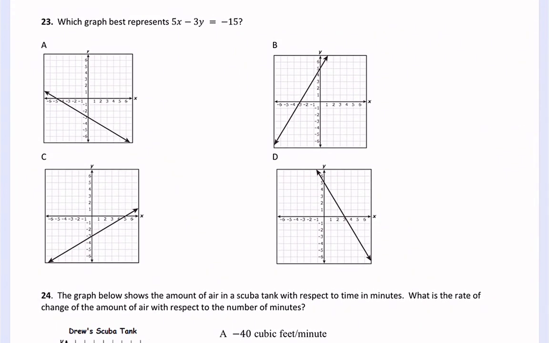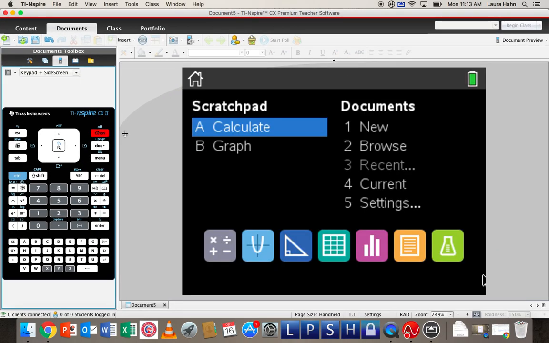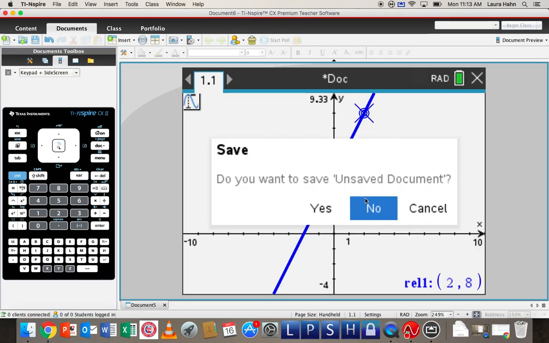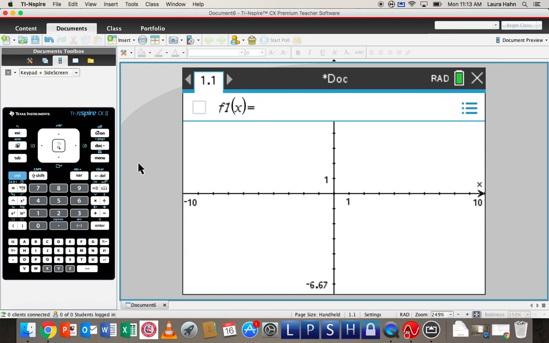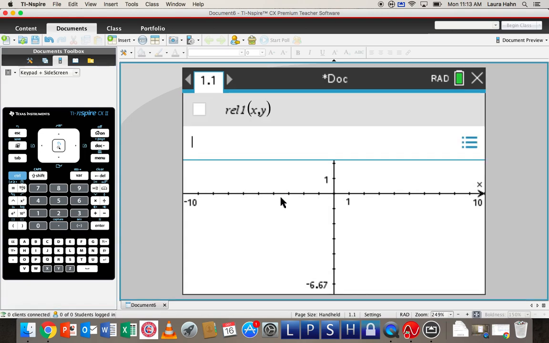On 23, anytime we have an equation given to us, and our answer choices are pictures of graphs, graph it out. All right, so I'm going to graph 5x minus 3y equals negative 15. Since it's not a y equals equation, I am going to have to change it to relation.